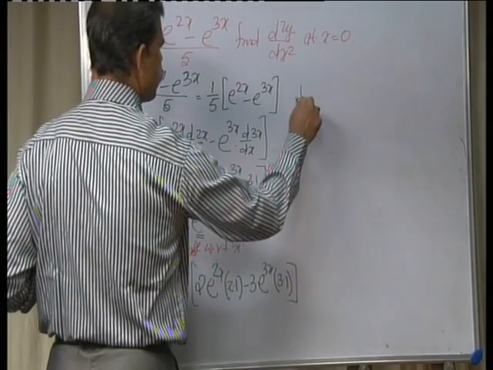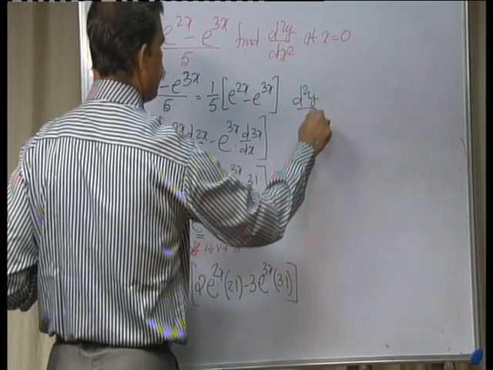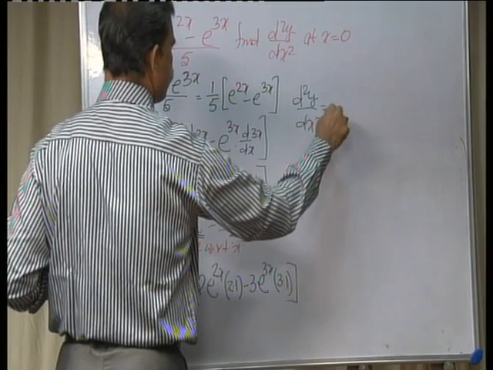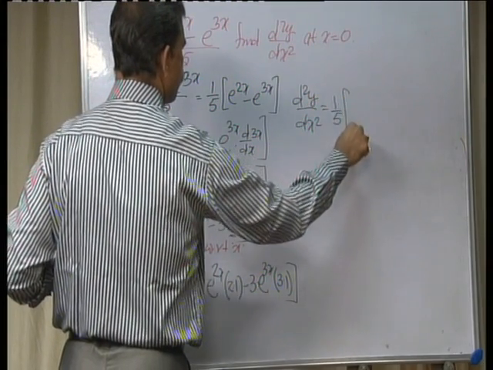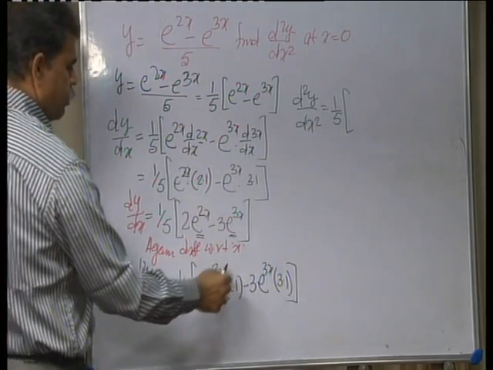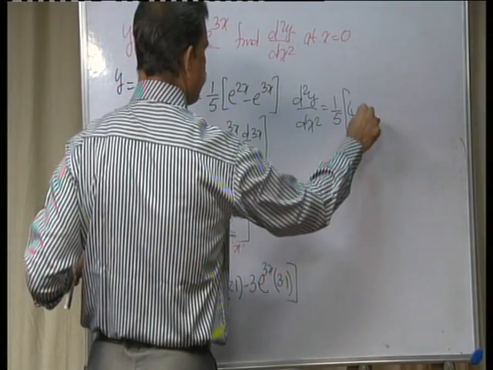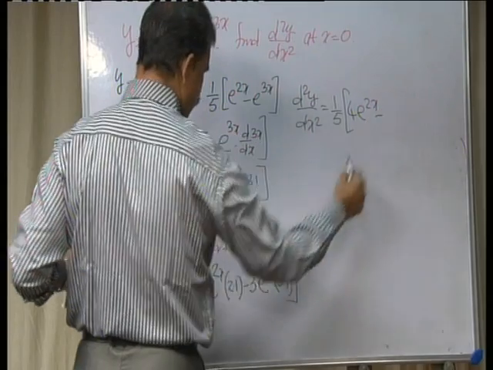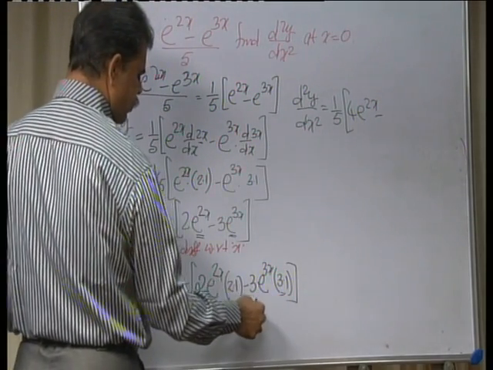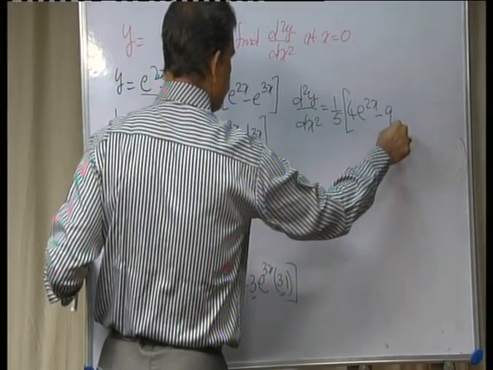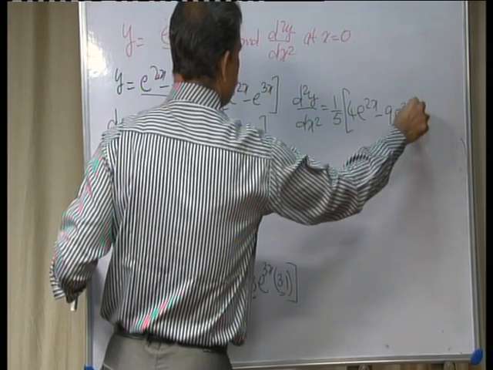Finally, d square y divided by dx square becomes 1 by 5 into 2 into 2, that is 4 e to the power of 2x, minus 3 into 3, that is 9 into e to the power of 3x.